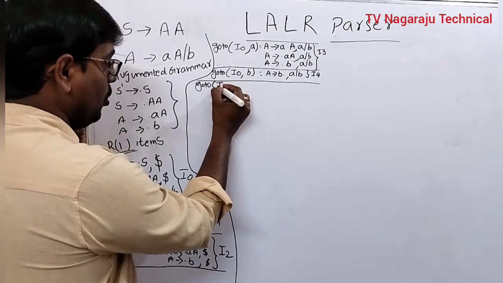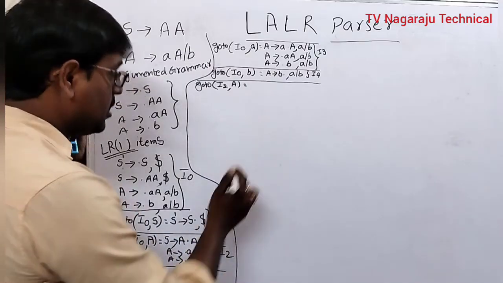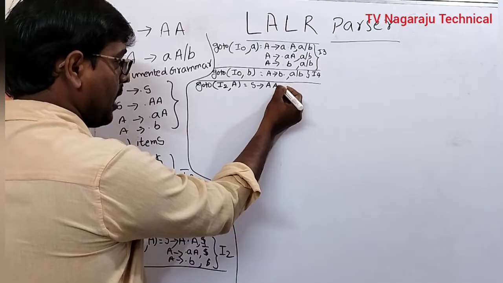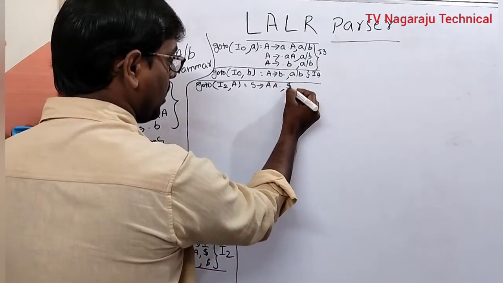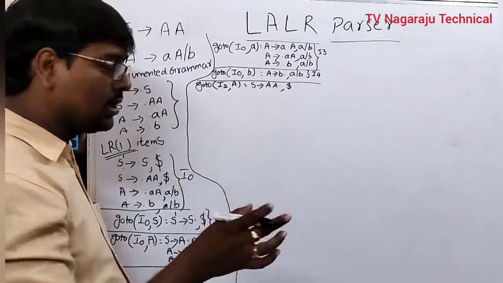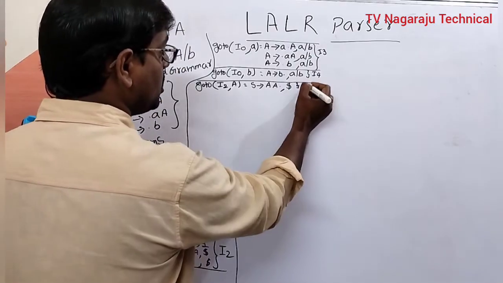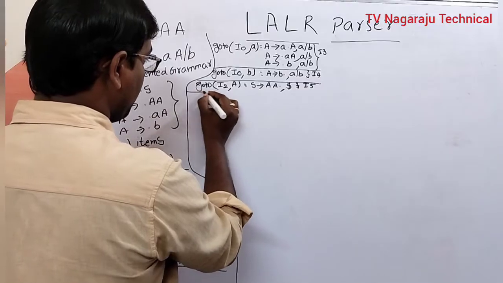State I2, comma capital A. Simply the production is S tends to A dot, comma dollar. So here it is completed. After the dot nothing is present, so no need to expand. Assume this production is I5.